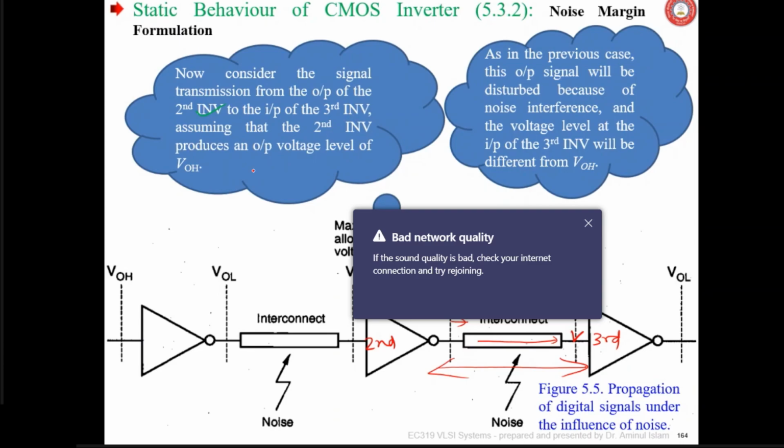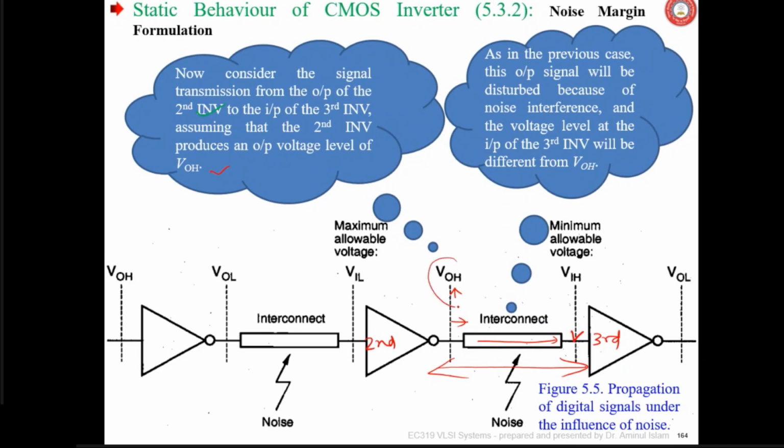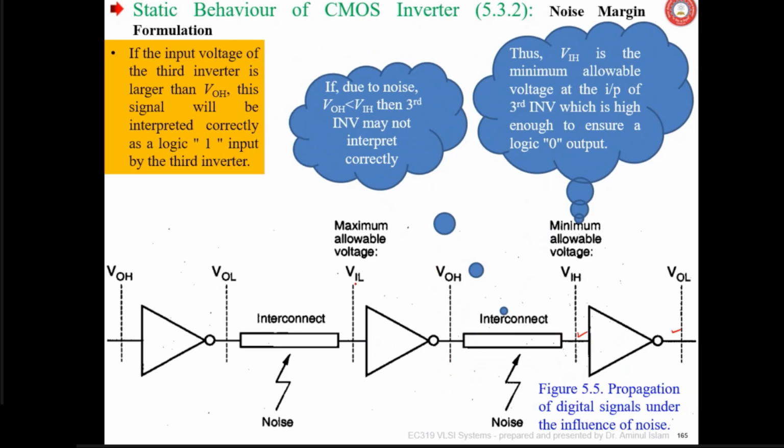Assuming that the second inverter produces an output voltage level of VOH, here VOH is being produced. As in the previous case, this output signal will be disturbed because of the noise interference, and the voltage level at the input of the third inverter here will be different from VOH. If the input voltage of the third inverter is larger than VOH, this signal will be interpreted correctly as logic 1.